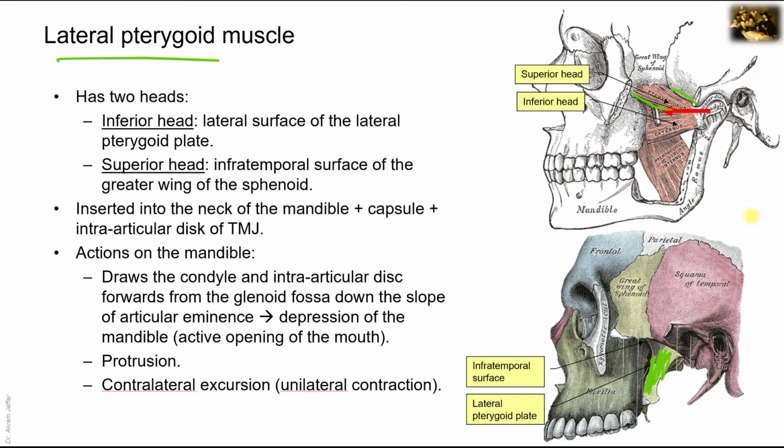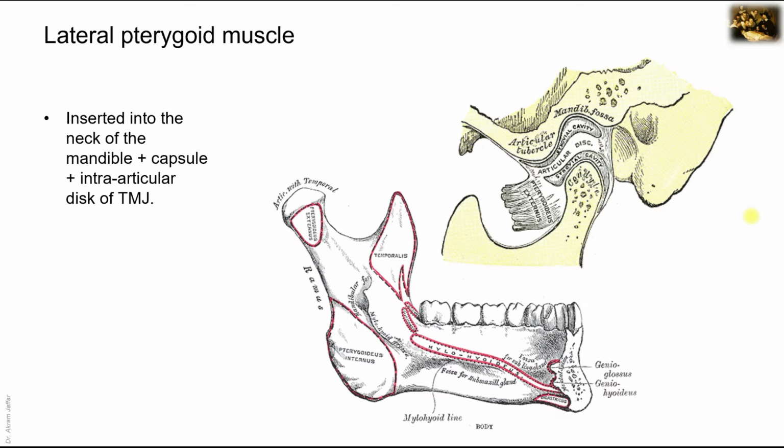So two heads, a superior head and an inferior head, and as you can see, they pass posteriorly and laterally, and they are inserted here to the mandible. First of all, some of the fibers are attached here to the neck of the mandible.